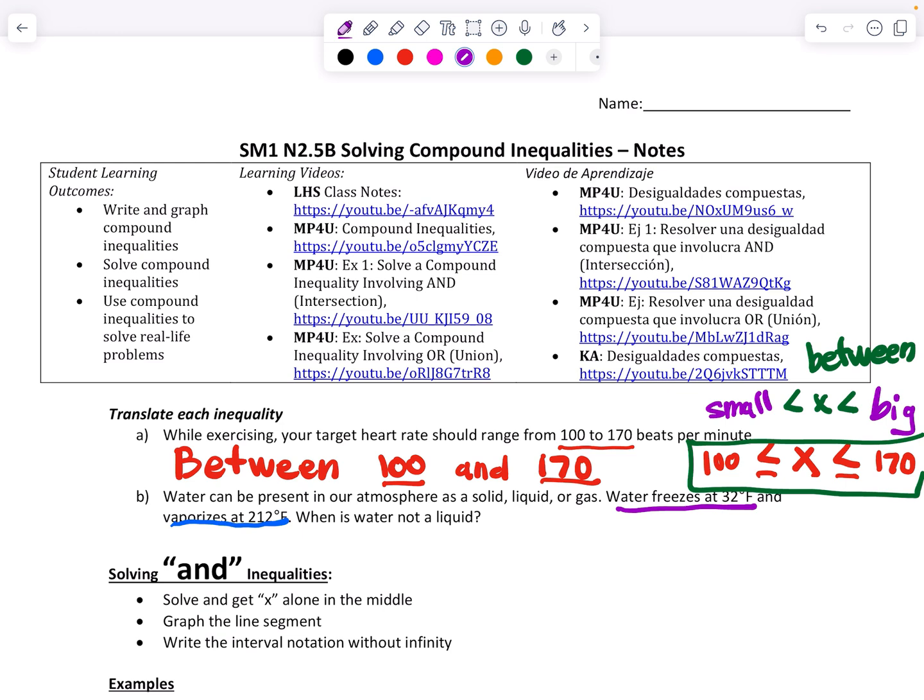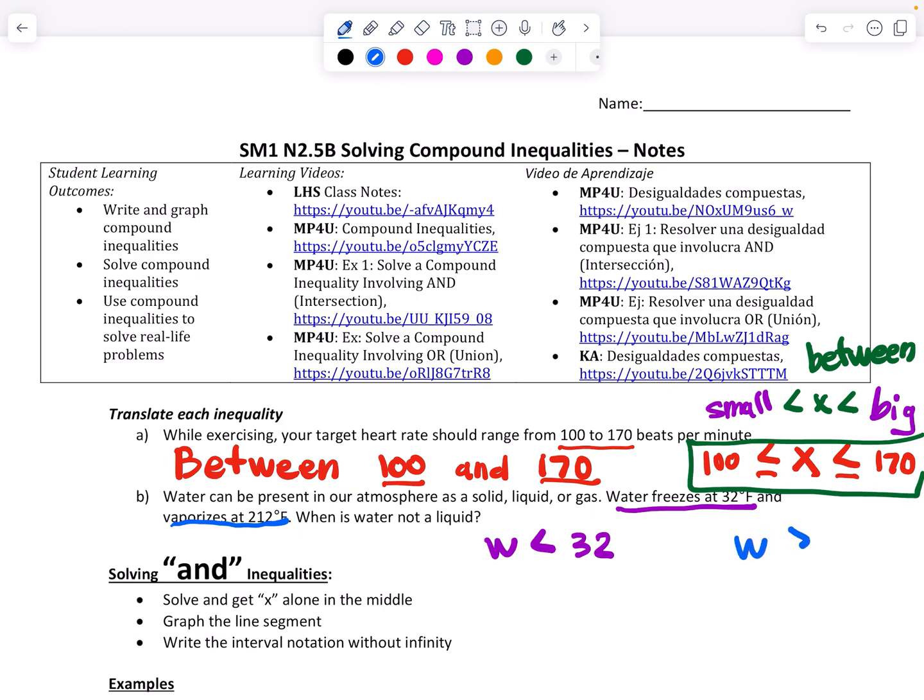So I'm going to use W this time to represent water. If the temperature of the water is less than 32 degrees, it is frozen. And the water will vaporize at 212 degrees.